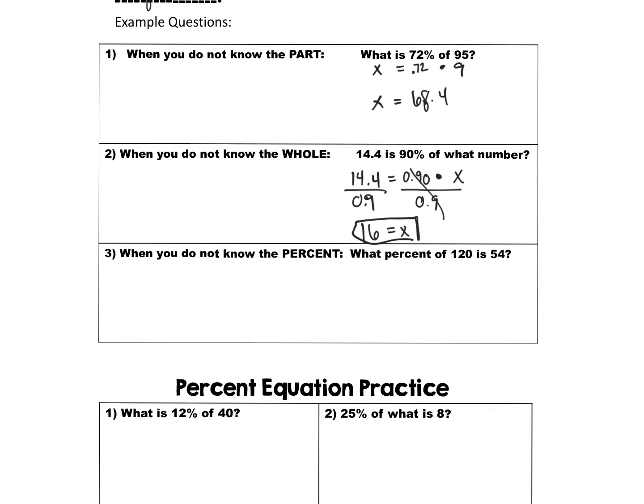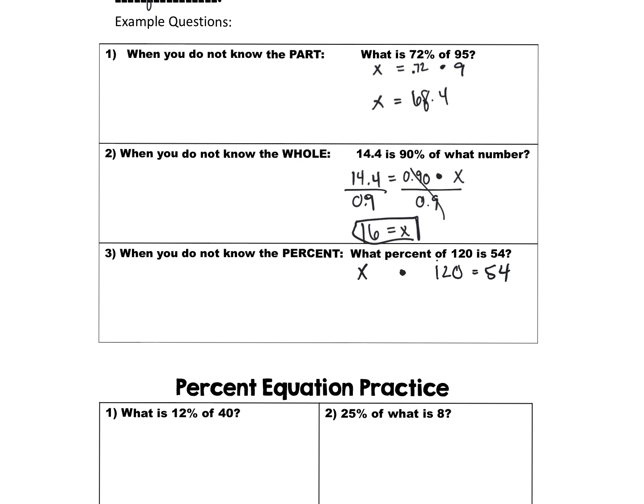All right, now if we need to find our percent. So what percent of 120 is 54? Of was multiply. So we need to say x, which is going to be our percent, times 120 equals 54.